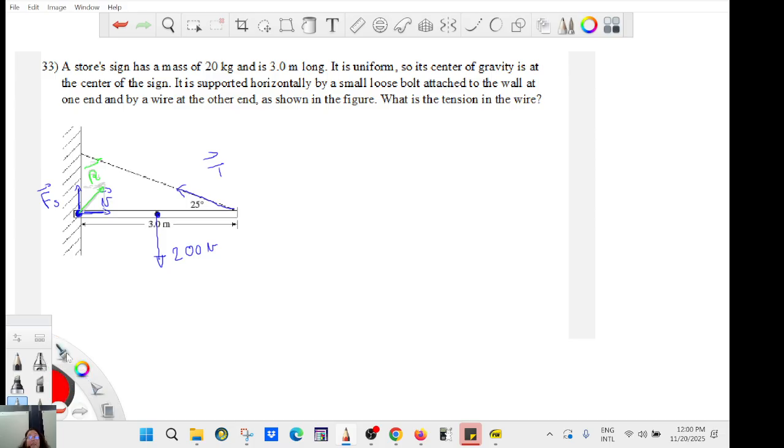Now, the trick is to take the axis of rotation to get rid of as many forces as you can. So I'm going to take the axis of rotation here. That way the torque applied by that force relative to the axis of rotation is going to be 0. The torque applied by the normal force is also going to be 0. Agree?